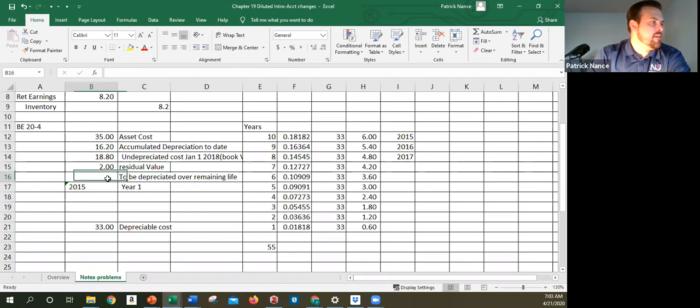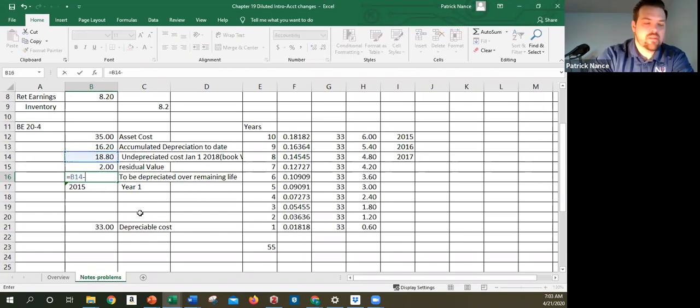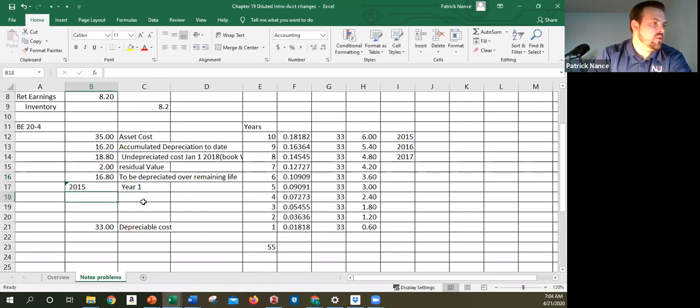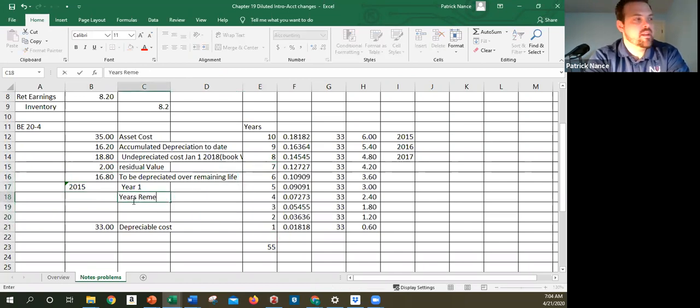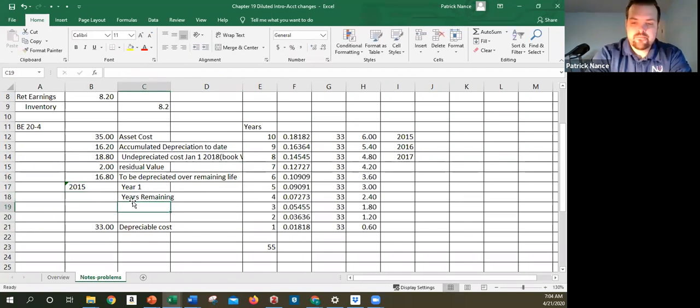Okay. So now I can figure out how much needs to be depreciated over its remaining useful life. Well, I have 18 million left to depreciate, but I need to take out the residual value, so 16.8 is how much more needs to be depreciated. Well, I've got 7 years remaining, so utilizing the straight line method, I depreciate that 16.8 equally over the next 7 years.